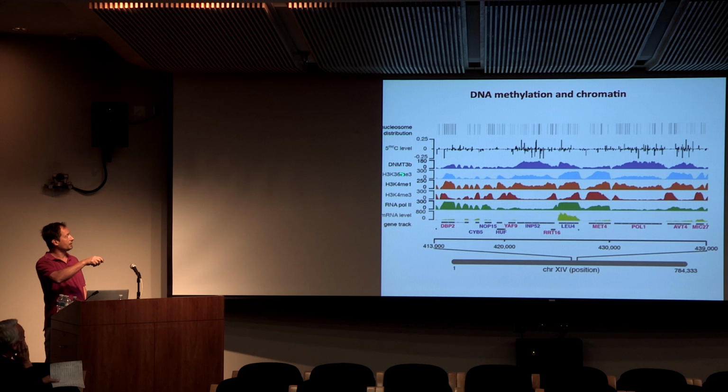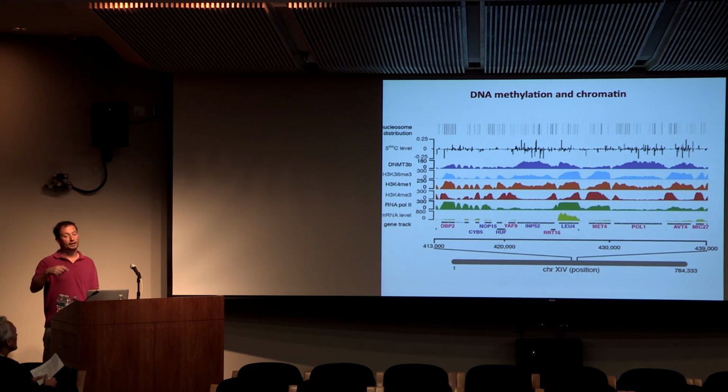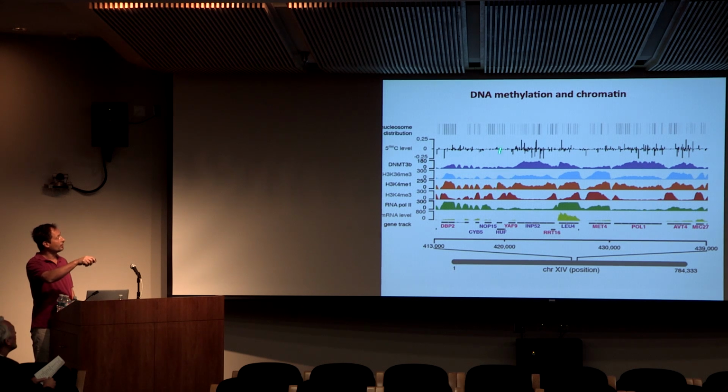This particular mark, H3K36 trimethylation, which typically marks transcriptionally active regions of the gene, is strongly correlated with DNA methylation, whereas this mark, H3K4, which typically marks the promoters of genes, seems to be anti-correlated with the DNA methylation.